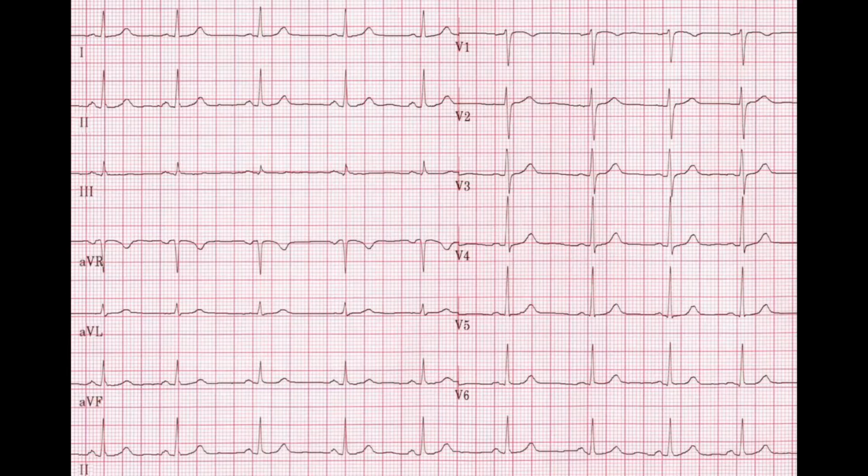Then, atrial fibrillation is a condition in which the heart rate is irregular. In that case we cannot use this formula to calculate the heart rate, because the interval between the two RR waves will be different from one RR interval to the next.